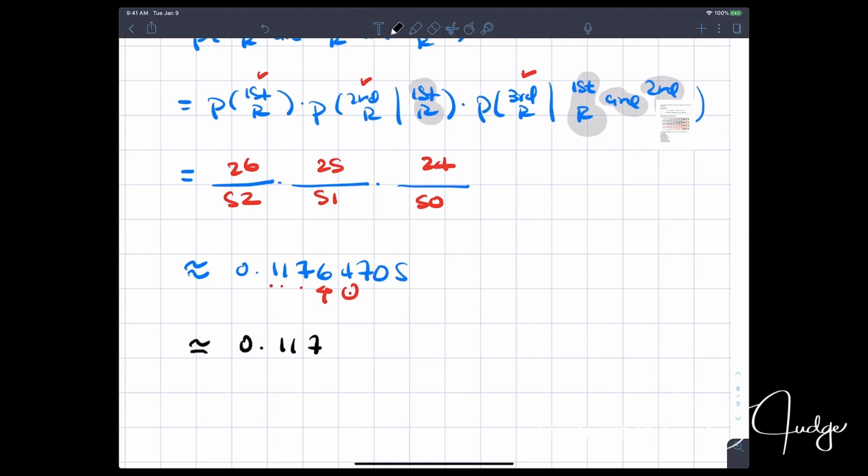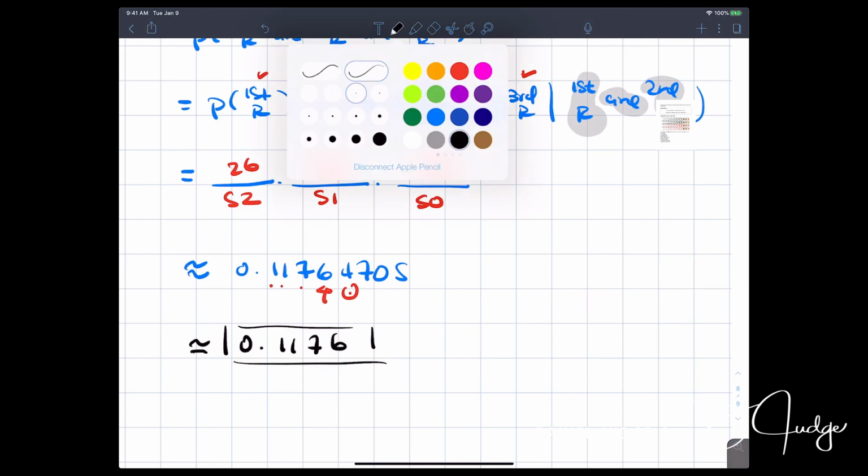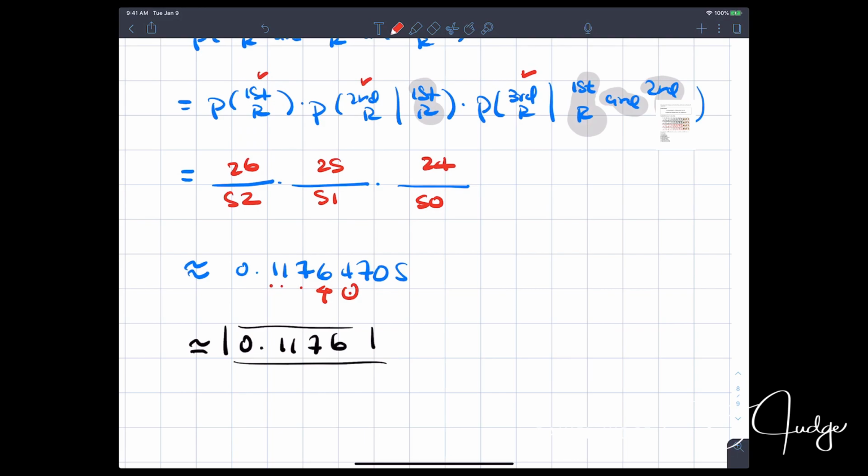Since it's a 4, I leave it alone. And here's my probability. Yep, Joanna's correct. So I want to remark that this is 11.76%, just as a percent. So the probability value is 0.1176, but that's 11.76%.